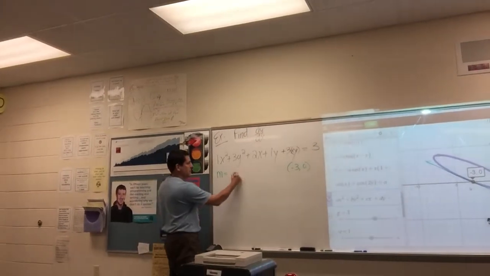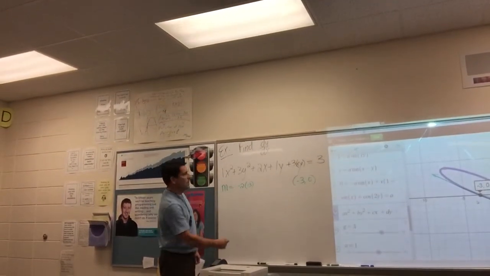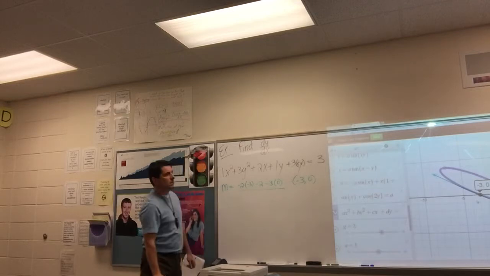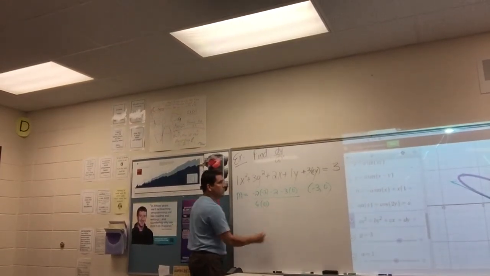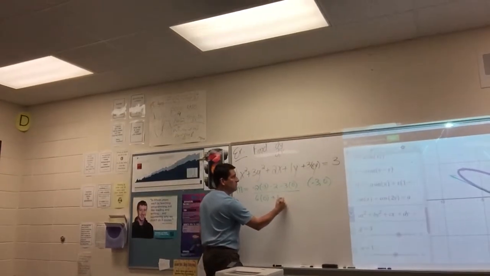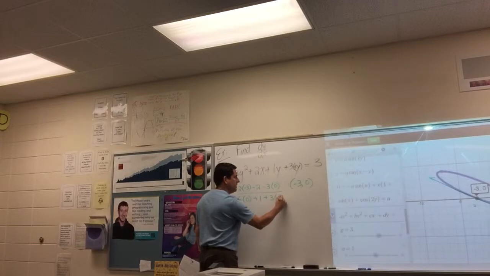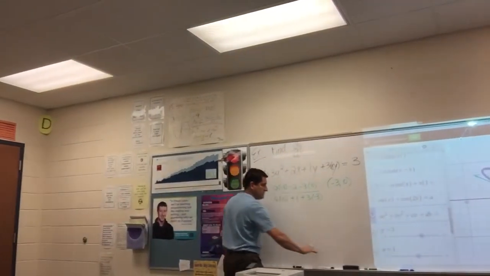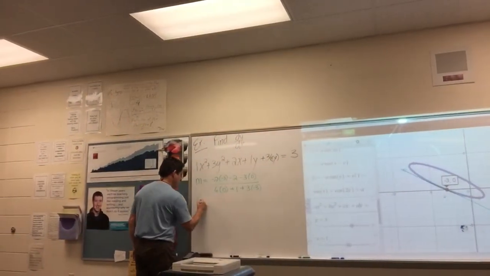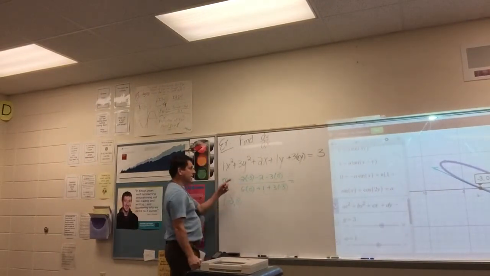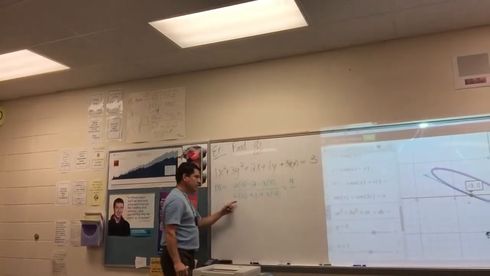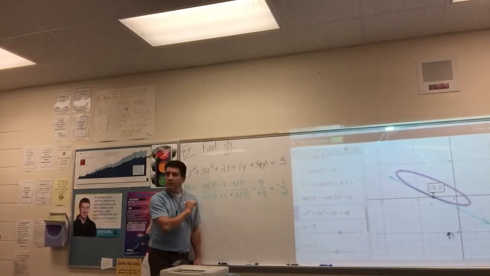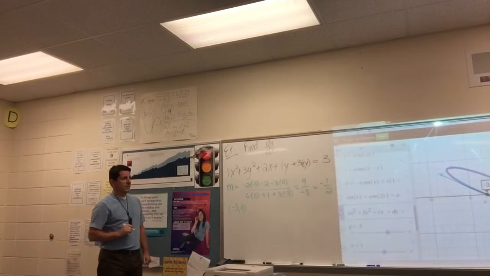You check my work here. -2 times -3 minus 2 minus 3 times 0 all over 6 times 0 plus 1 plus 3 times -3. 6 minus 2 is 4. So I got 4 over -8. I got -1/2.